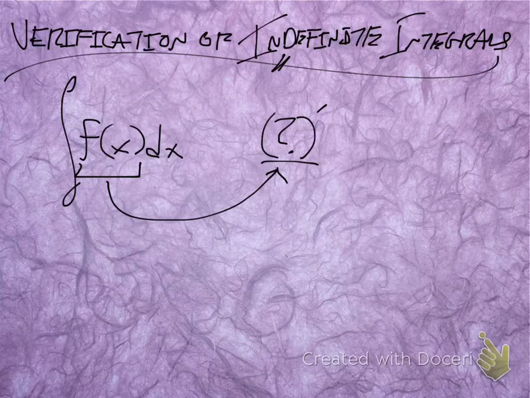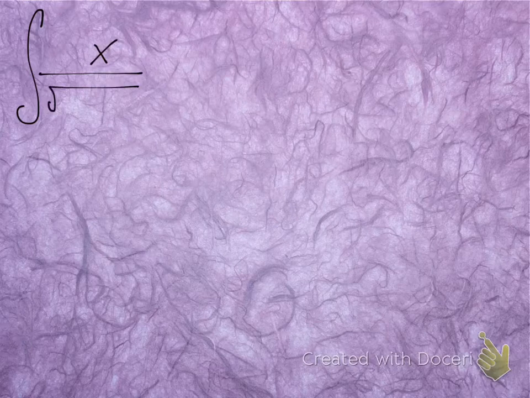So let's go ahead and get started. What if you're given a problem and you're told, I want you to take the indefinite integral of x over the square root of a plus bx dx.